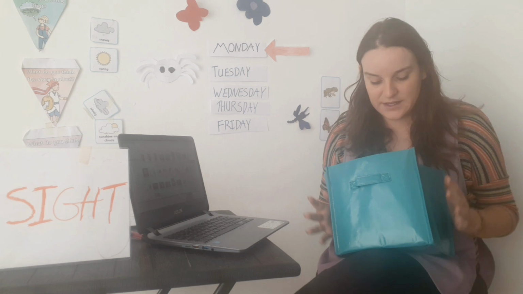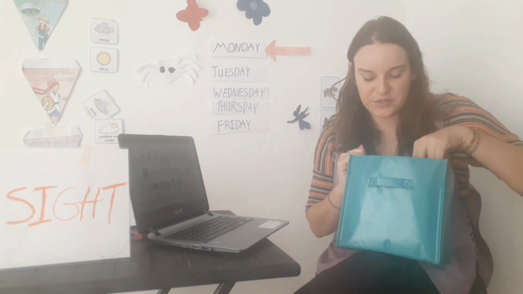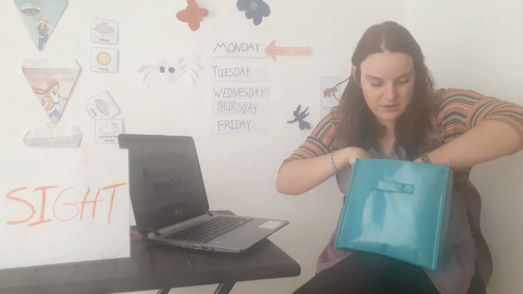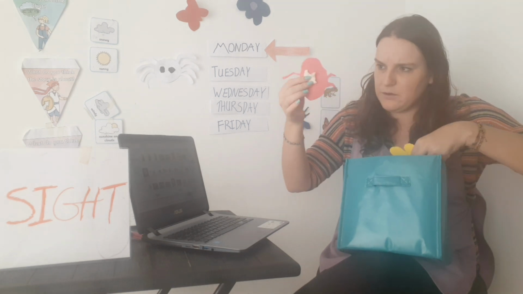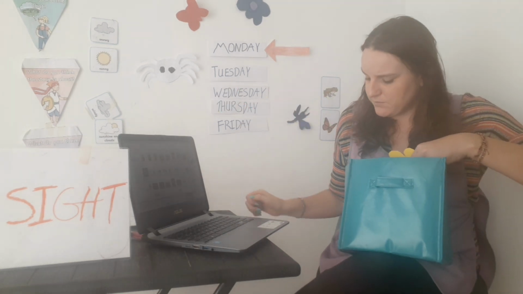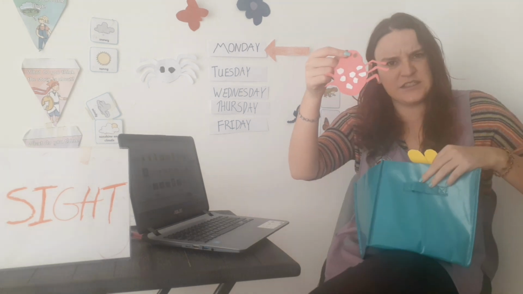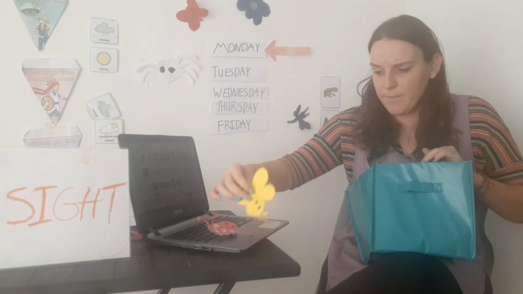So I have my sensory box today and I'm going to look through it and see what I can find. Oh, I have, what's this? Oopsie, it's like a bug. I have a bumblebee.